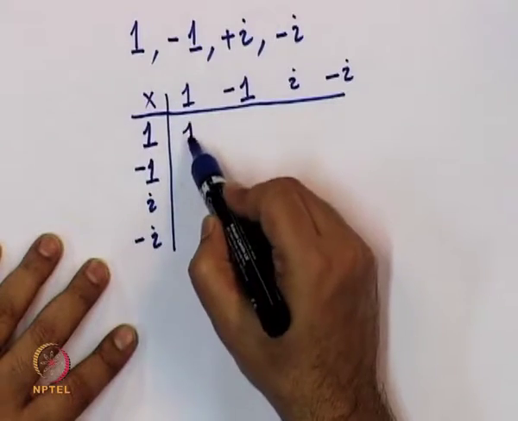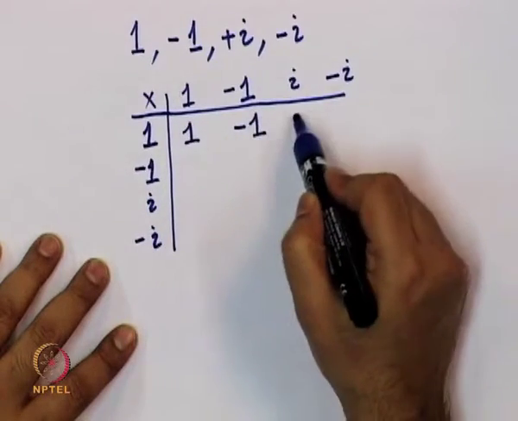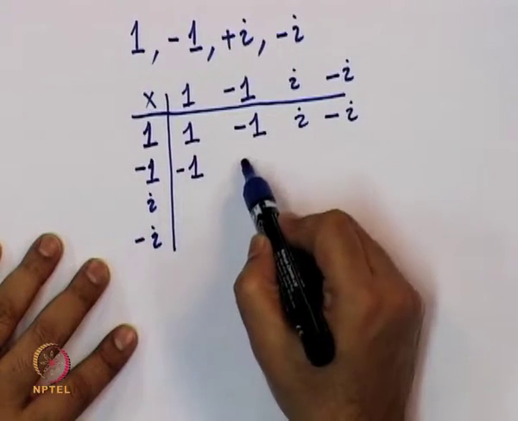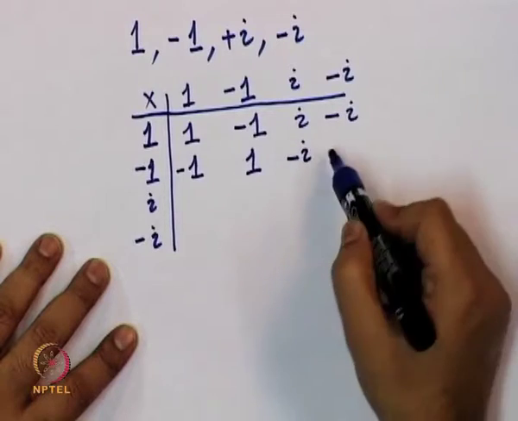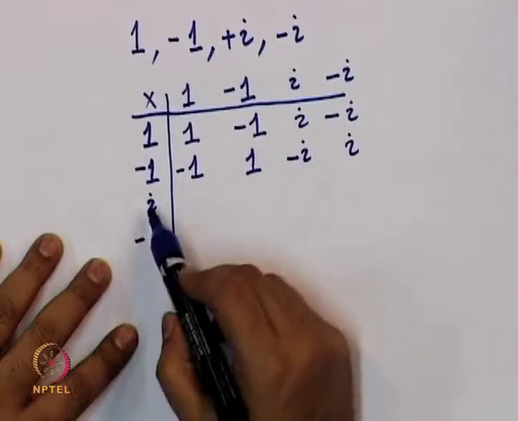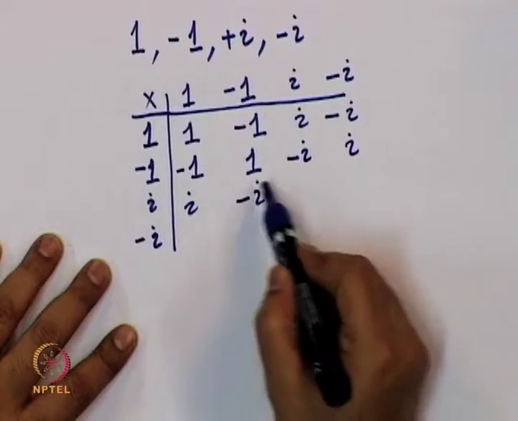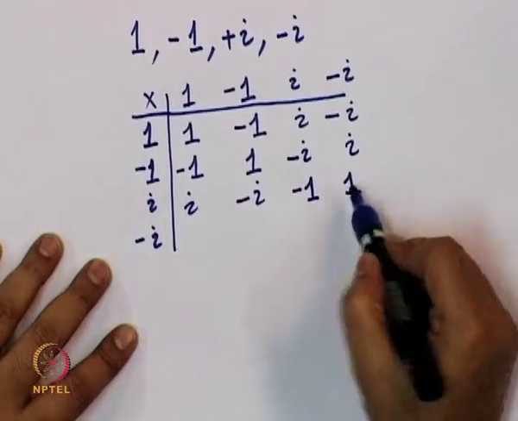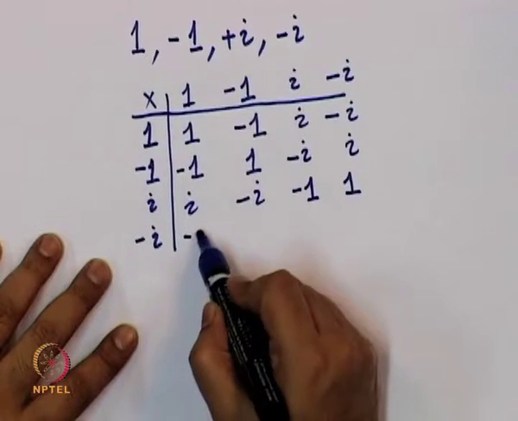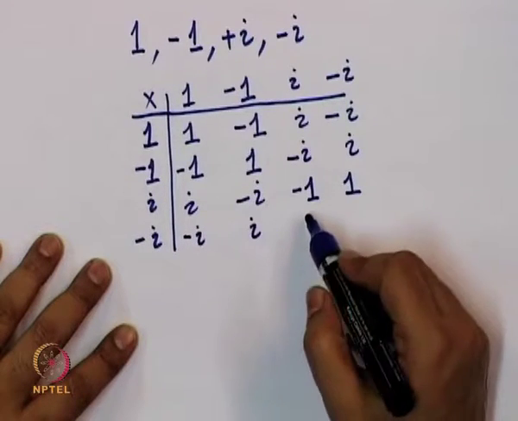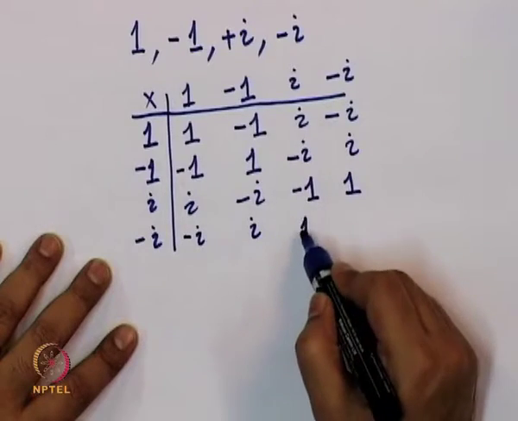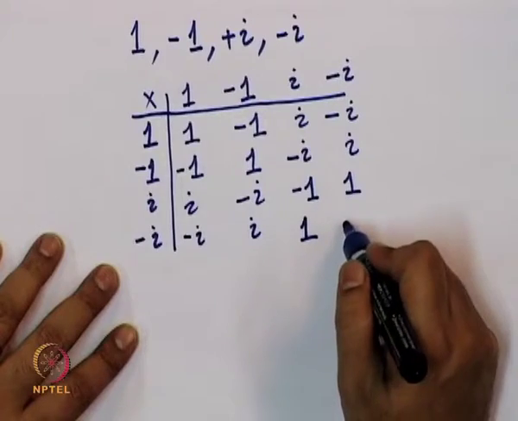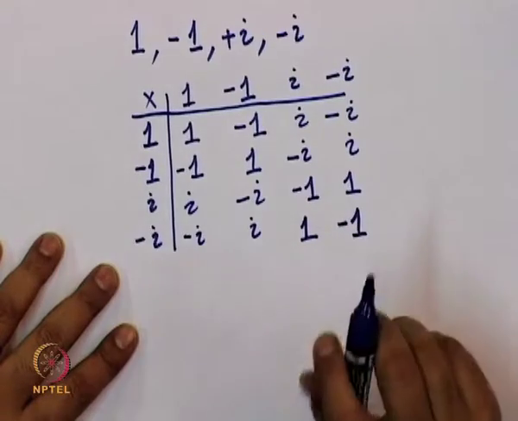So, 1 times 1 is 1, this is minus 1, this is I, this is minus I, and this is minus 1, this is plus 1, this is minus I, plus I, and then I squared is minus 1, minus I times I is plus 1, and this is minus I, this is I, then minus I times 1 is minus I, and minus I into minus I is plus I squared, which is minus 1.